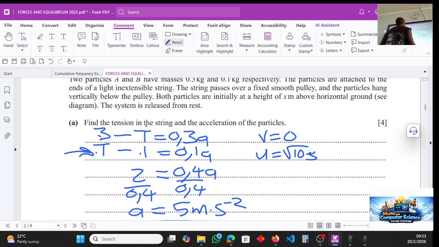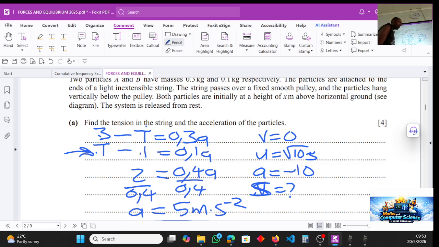But I guess it's not to be x, because that's the distance that it covers. Our acceleration is negative 10. So what we want is the height, sorry, the height s.